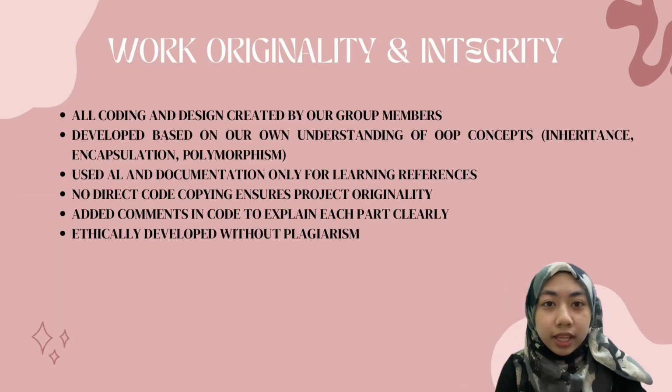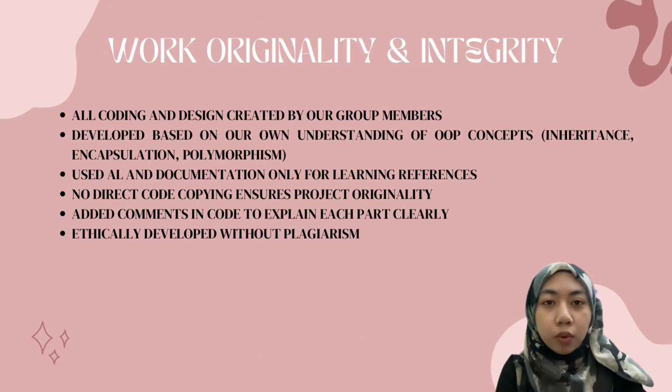For our originality and integrity, our group makes sure that all coding and design are created by ourselves. We develop the whole system based on our own understanding of object-oriented programming concepts such as inheritance, encapsulation, and polymorphism. We only use AI and documentation for learning reference, not for direct code copying.